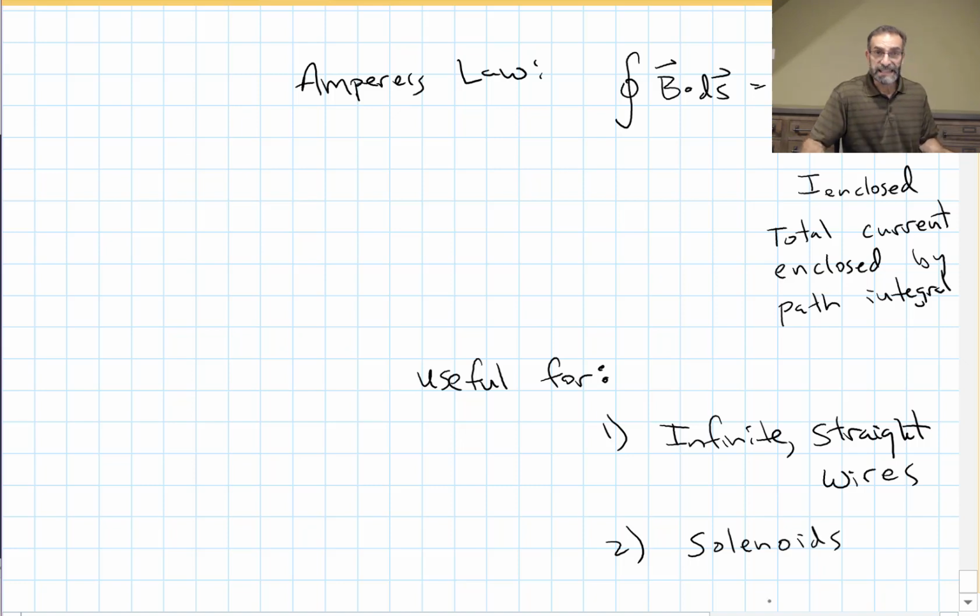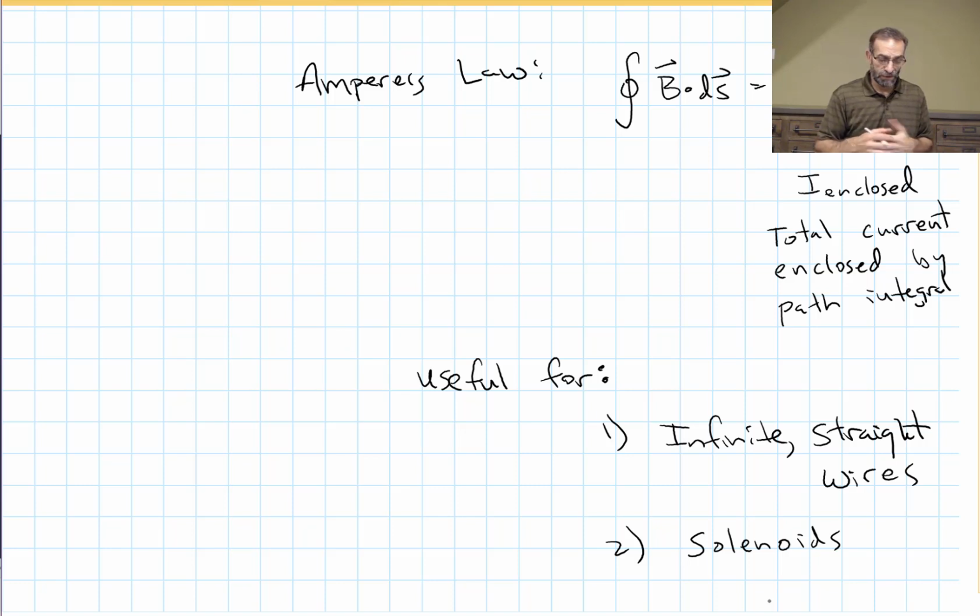And that's it. So our Gauss's law was good for only a few cases also, right? Spherical symmetry, cylindrical symmetry, and infinite sheets. 3 cases where we could use it. Here, we really only have 2 cases where we use it. It's very specialized, but in those 2 cases, it makes it very easy to find the magnetic field.